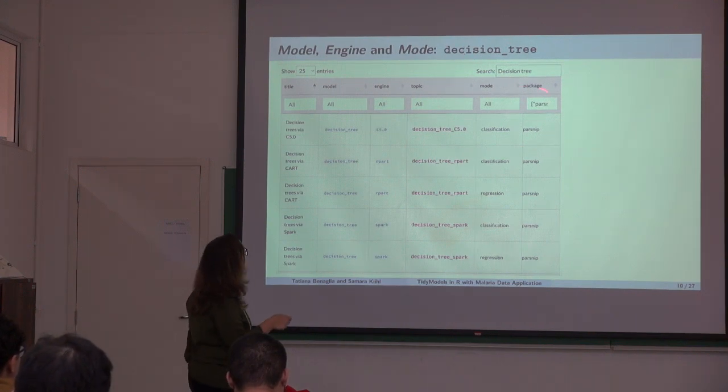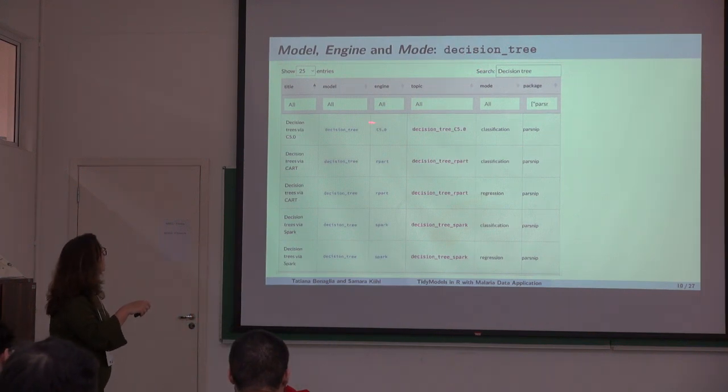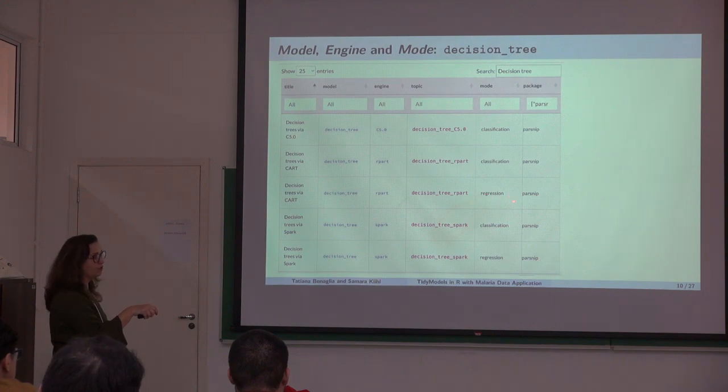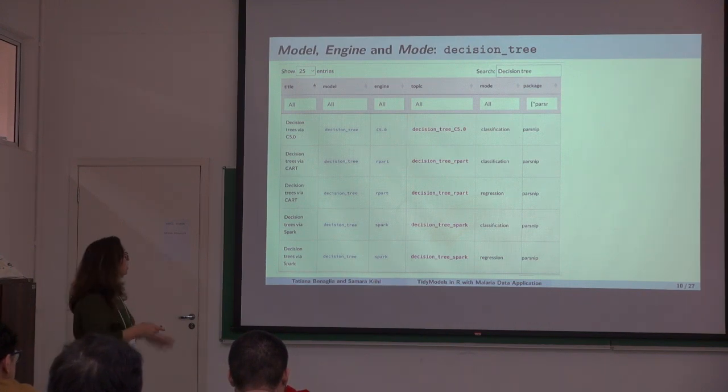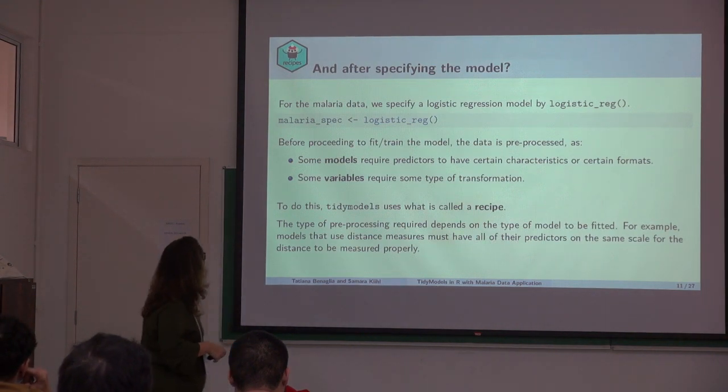Like decision tree, another one. If my model is a decision tree, then I can use it for classification or for regression. Then I need to set the mode and also the engine. If I use Spark, then you need to set the engine as well.